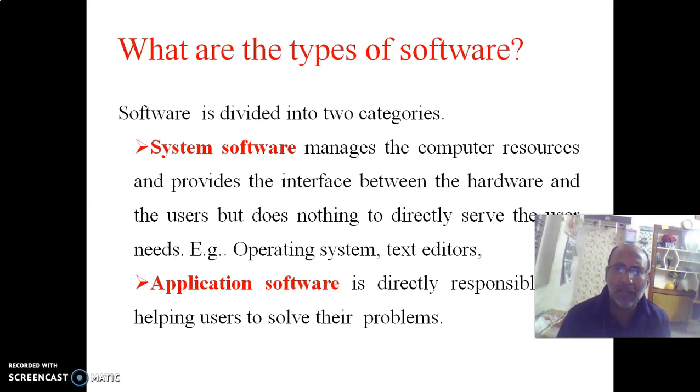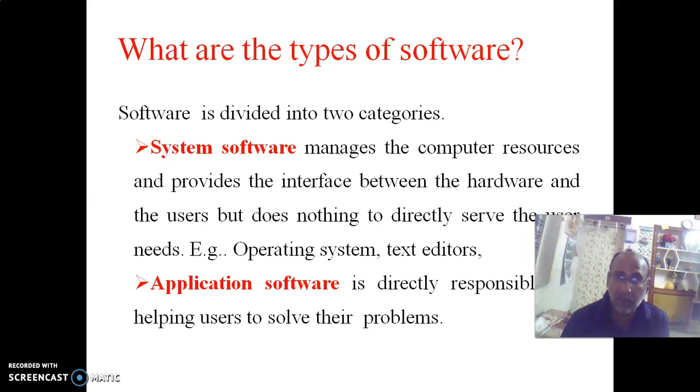What are the different types of software? The software can be divided into two categories. First one is the system software. Second one is the application software. The system software manages the computer resources and provides the interface between the hardware and the user, but does nothing to directly serve the user needs.